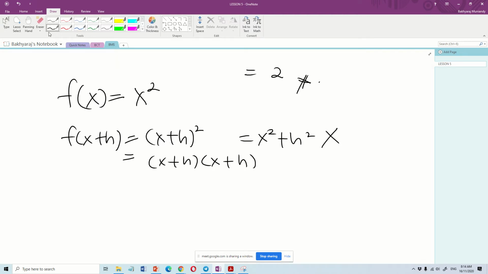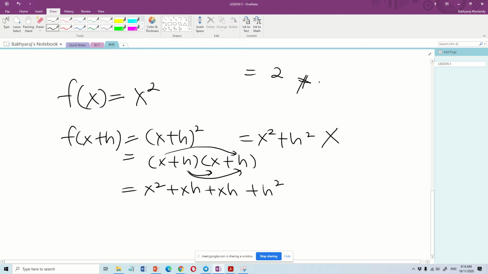Okay, when you expand, you get x times x is x square. x times h is x h, another x h, then another h square. So you'll get x square plus 2hx ataupun xh, but I put h front lah, plus h square.